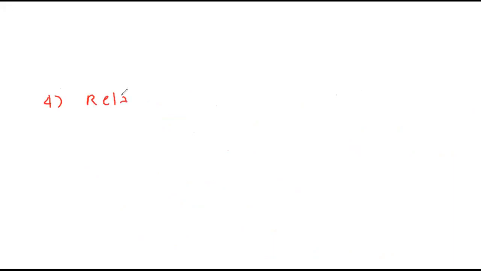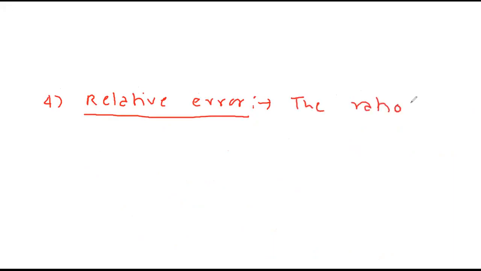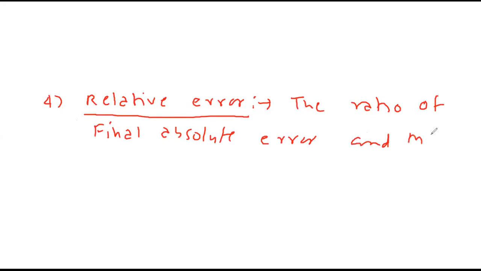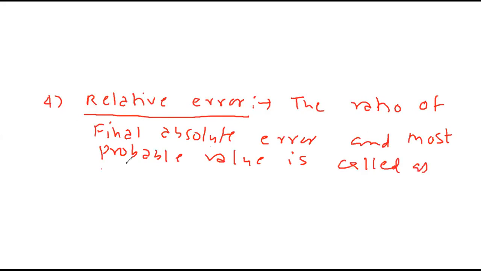Fourth, relative error. Whenever we say relative, that means we have to compare. Compare means two are needed. So the ratio of final absolute error and most probable value is called as relative error.